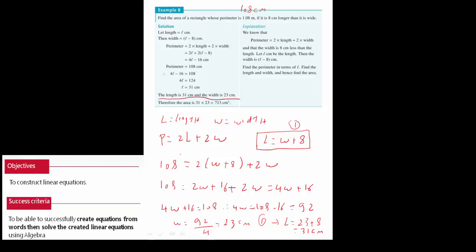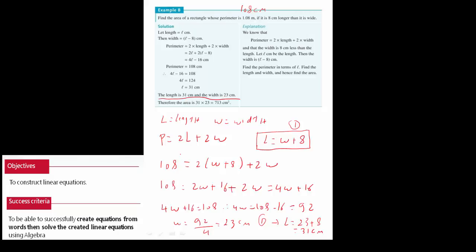So I used the terms like they said, you're 8 years older than your sister, while they used, your sister is 8 years younger than you. So both ways are equivalent and they are the same, and as you see, they give you the same results. So we got the length 31 centimeters and the width 23 centimeters, and that's what they got as well.